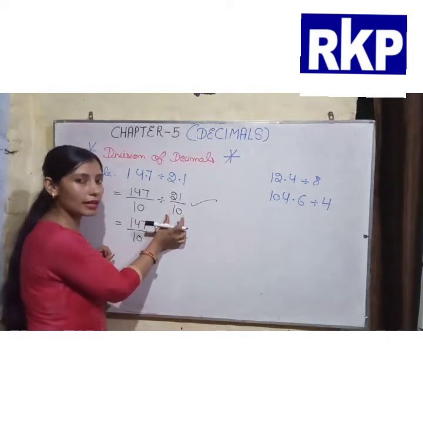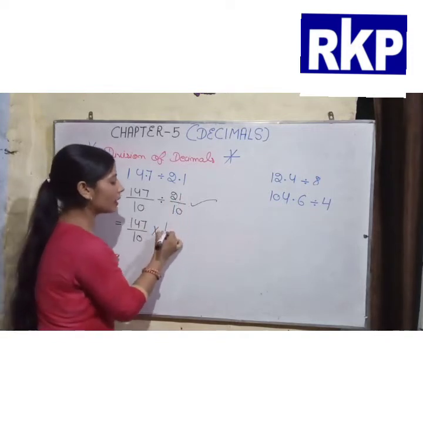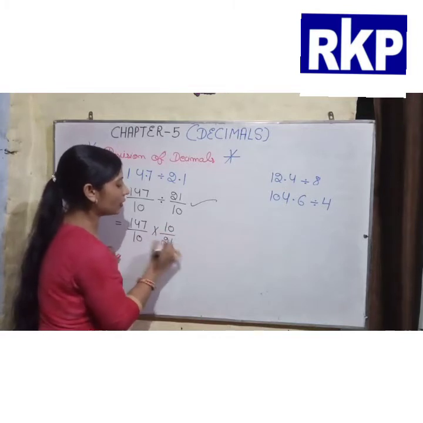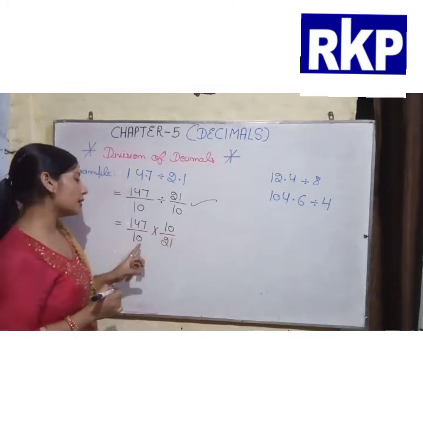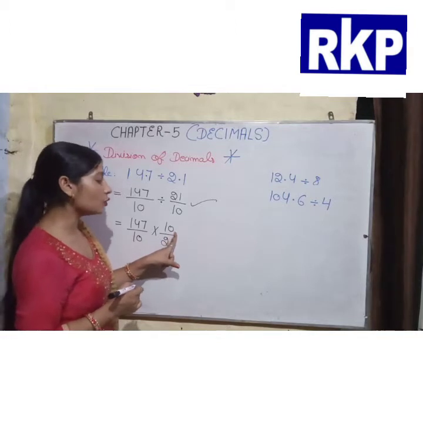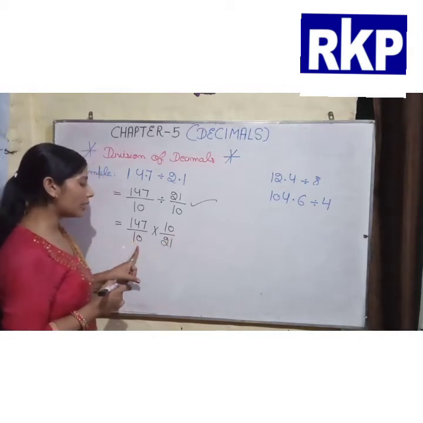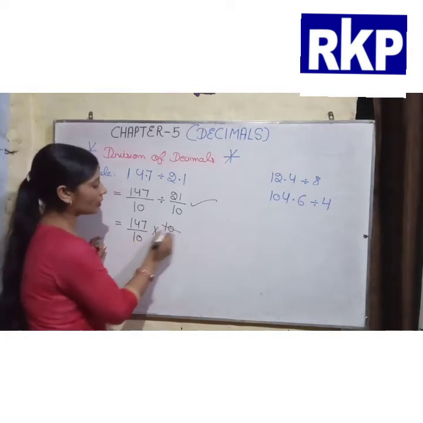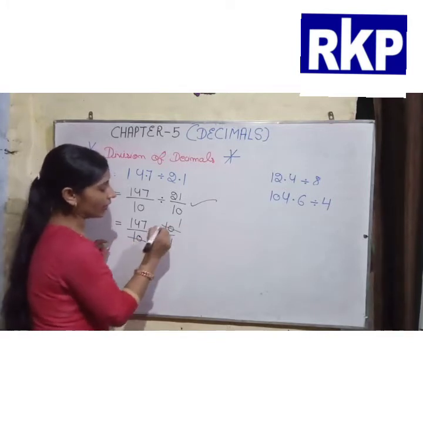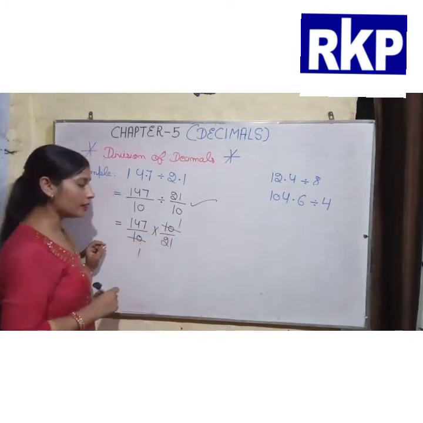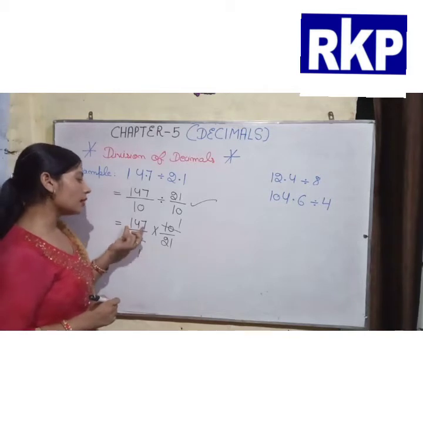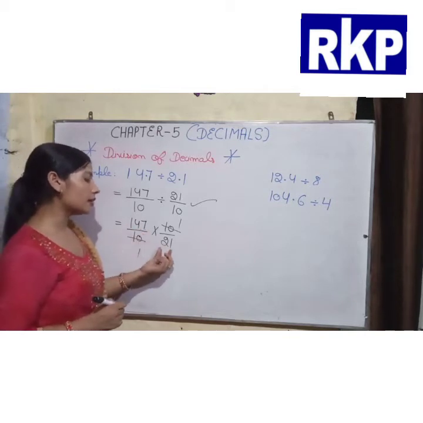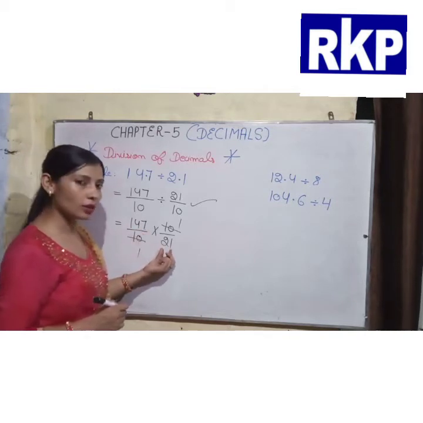So what is the reciprocal of this fraction? 10 by 21. Okay, now beta here we have 10 as a numerator, and here we have 10 as a denominator, so we can cancel this. 10 1s are 10 and 10 1s are 10, and here 147 and here we have 21 as a denominator.